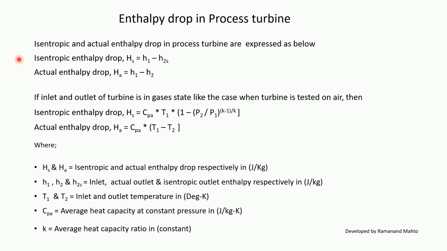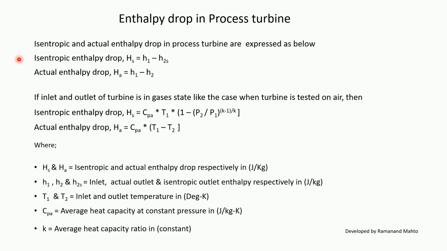Enthalpy drop in process turbine, isentropic and actual enthalpy drop. Isentropic drop HS is equal to small h1 minus small h2s, and actual enthalpy drop HA is equal to small h1 minus h2.